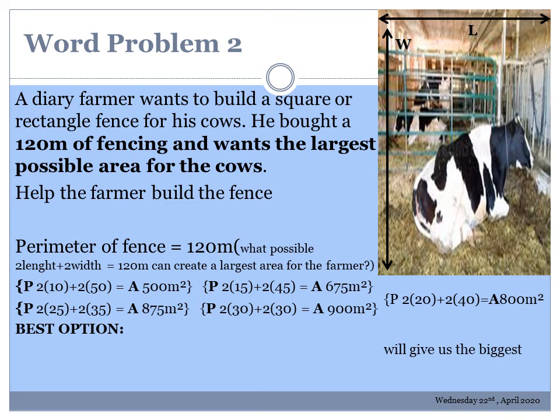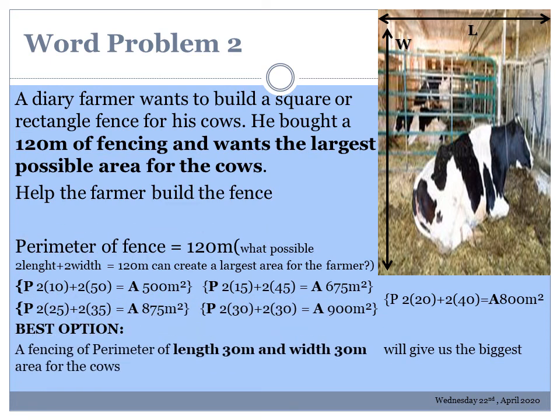It means that this is going to be a square. The pen is going to be a square. So a fencing of perimeter of length 30 meters and width 30 meters will give us the biggest area for the cows, and that is the best option.